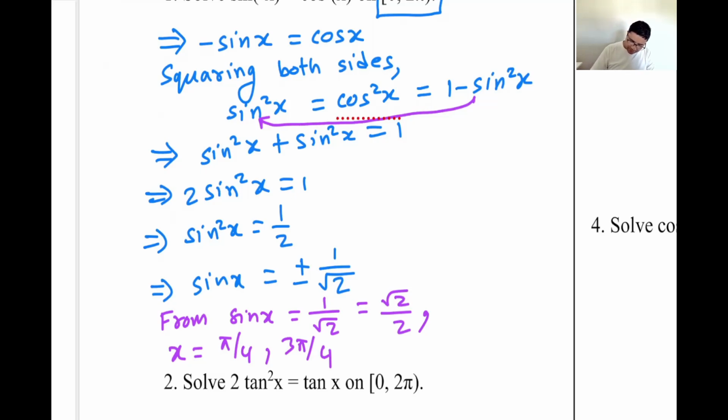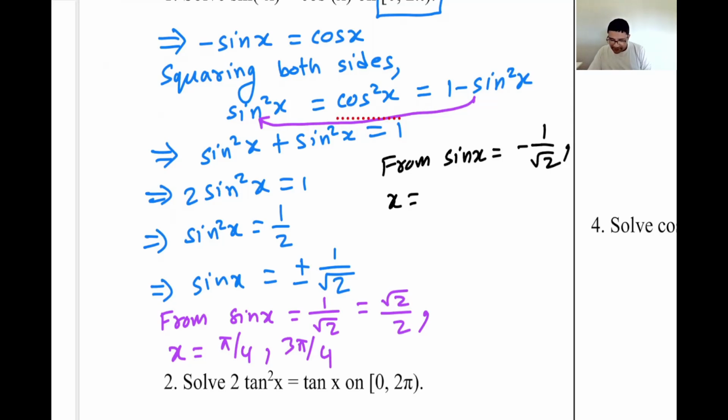And I'll continue up here from sin x equals negative 1 over root 2. Now sin x is negative in the third and fourth quadrant, and the reference angle here is pi over 4, for 1 over root 2.